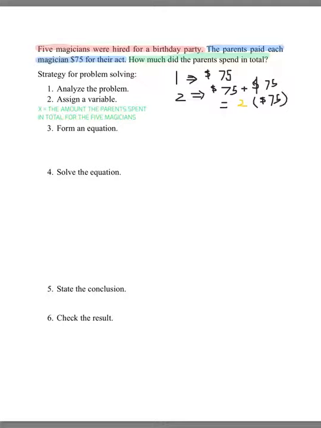Similarly, if we hired 3 magicians, then the parents would be paying a total of 75 for the first magician, 75 for the second magician, and lastly, 75 for the third magician. Now again, we can write that using addition, but we have a simpler method using multiplication. That would simply be 3, which is the number of magicians, multiplied by the rate per magician, which is again $75.